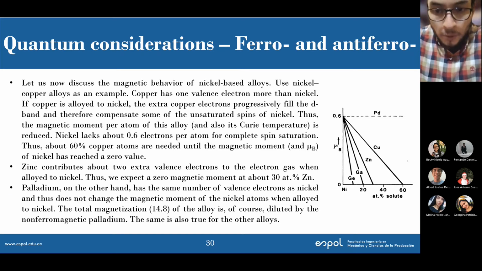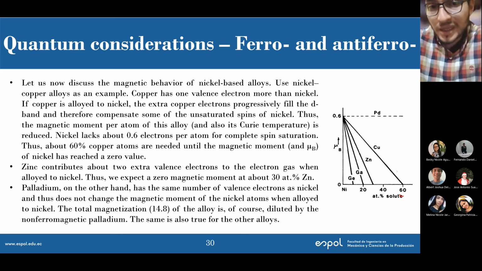Okay? So, if you look at the graph, what will happen with a nickel-copper alloy that has a concentration greater than 60%? Well, they will no longer be ferromagnetic, right? You will expect them to be diamagnetic. And they are actually, well, then it becomes a theory. In reality, they are paramagnetic.